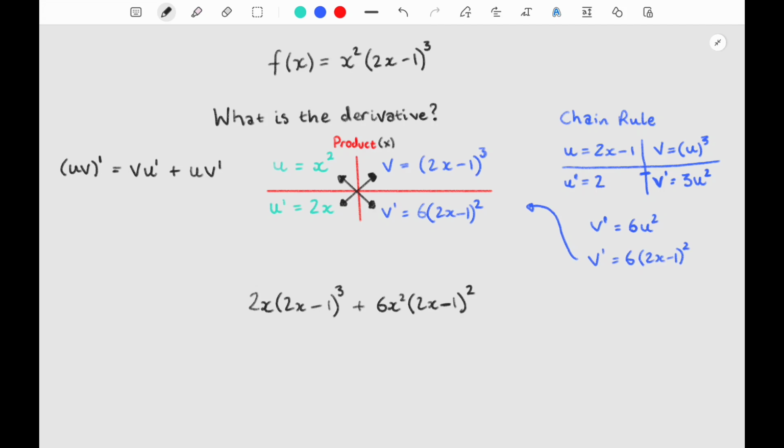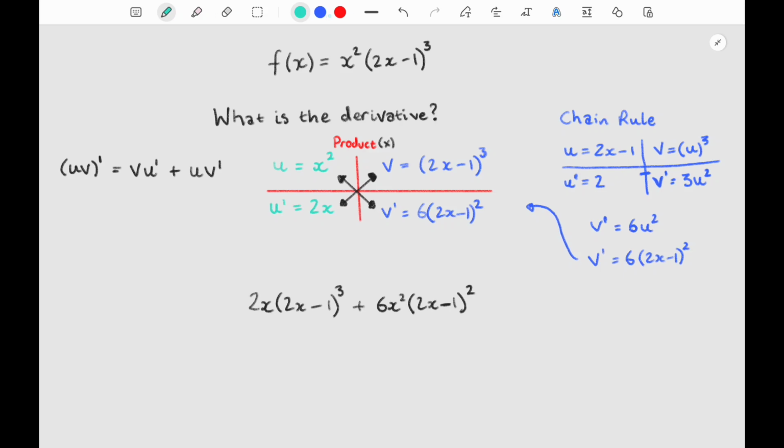Obviously we want to tidy it up. Now this is a step that a lot of people miss, especially if they're trying to get a particular answer. We can see that there are some pretty good factors here. Now the whole thing, 2x minus 1 squared, goes in both here, not cubed. We'd also see an x in both, which we could take out, and we could also see a 2 if we were so inclined. So let's go ahead and do that.